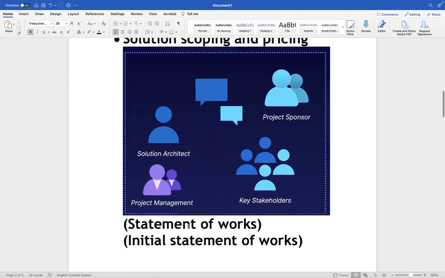Down here, you can see, we call this a statement of work. Now this statement of work is going to say things like, what is it that you are actually doing? How long might it take, how many resources are going to be involved, and typically how much it is going to cost.